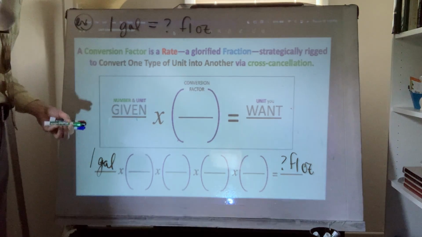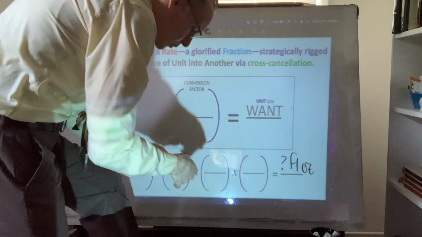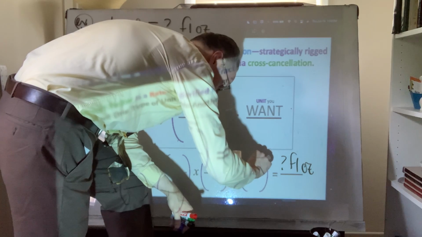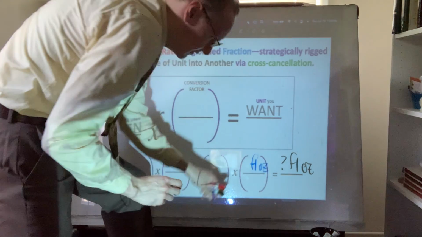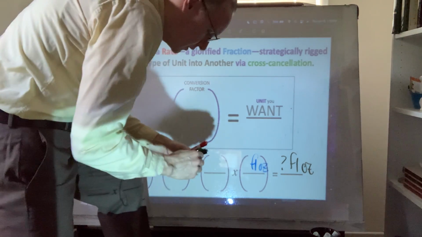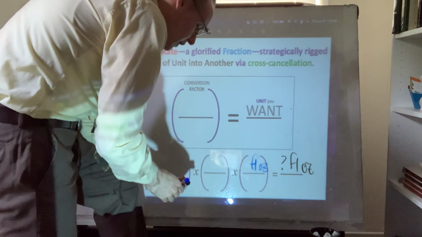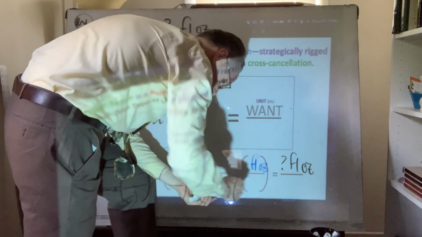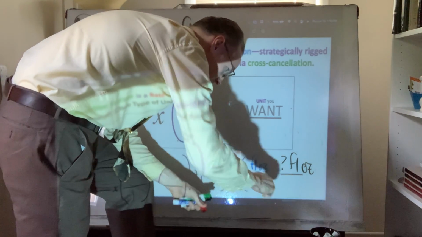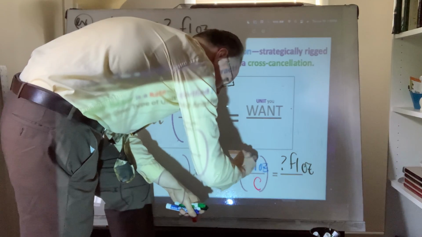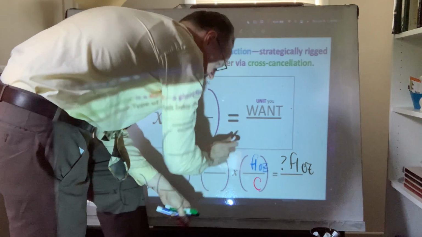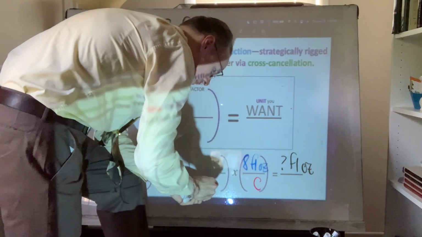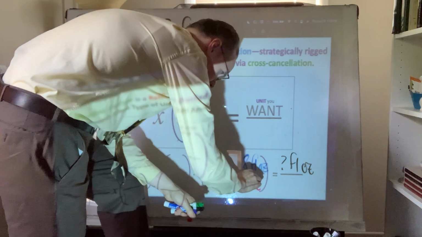Pardon me. So many fluid ounces, you could work from the back here. If you want fluid ounces on the end, then fluid ounces must be on the end top here. You could convert fluid ounces directly to cups, which is abbreviated as C. There are 8 fluid ounces in 1 cup.